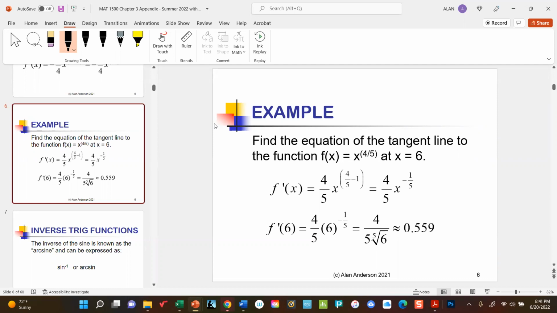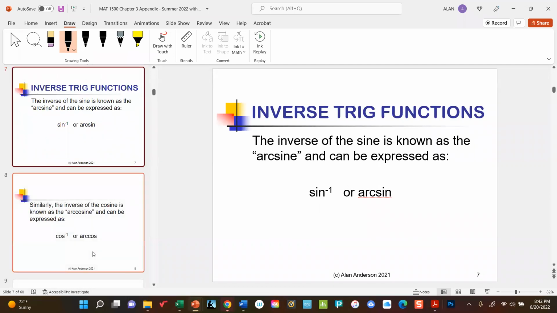Now we're going to dive into an area of trigonometry that you've run into before, but it's probably been a while. We're going to be looking at the so-called inverse trig functions. So what do we mean by that? For example, we have what we call the arc sine, which can be written as either sine to the minus 1 or arc sine.